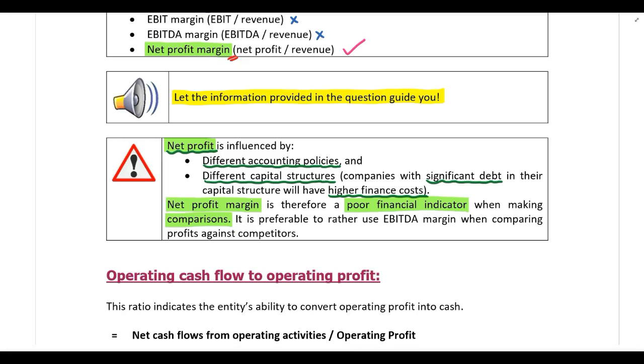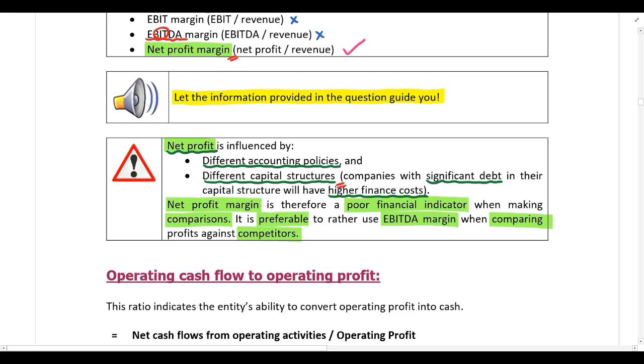So it's preferable to rather use the EBITDA margin when making comparisons. And the reason for that, guys, is EBITDA is earnings before interest, tax, depreciation, and amortization. So if it's before interest, that means differences in capital structures will be eliminated.